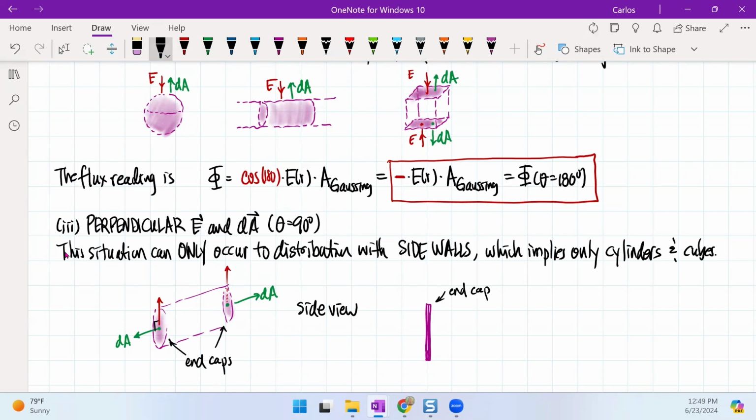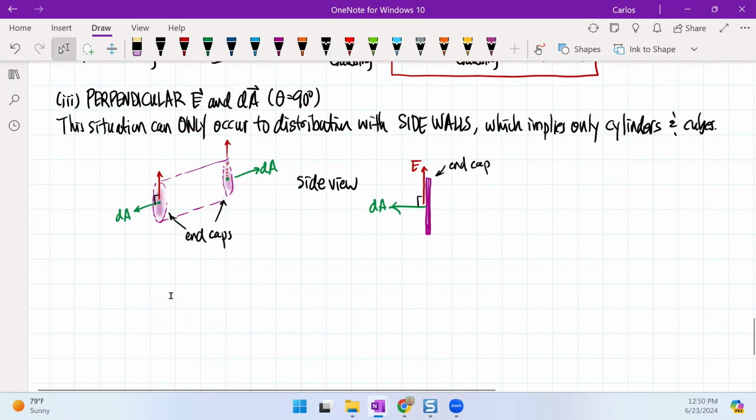So when I'm looking at the end cap, you can see here that A is perpendicular and pointing out. And now the electric field is actually never going through it. As a consequence, that's 90 degrees. So that tells me right away that I'm going to have a cosine of 90, which is 0, which tells me 0 flux.